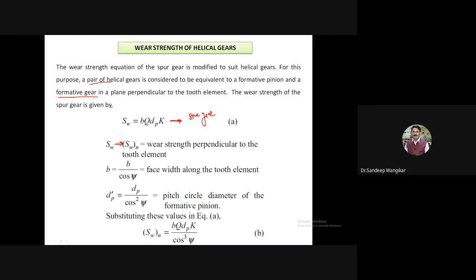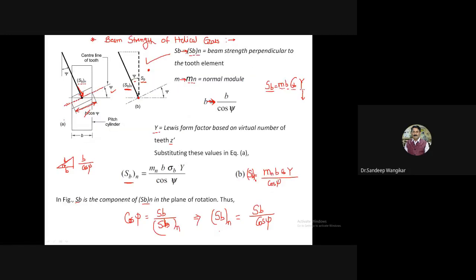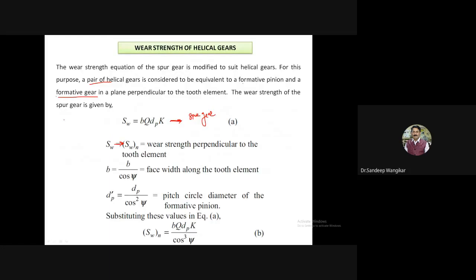wear strength perpendicular to the tooth element. Just now whatever we have discussed, in this case also, though the diagram is not there, like this diagram will be there, Swn and Sw.